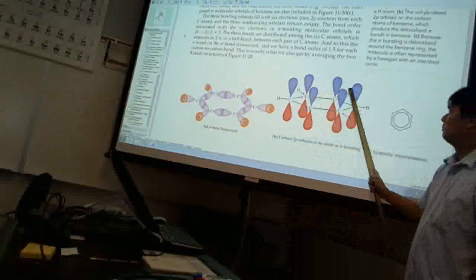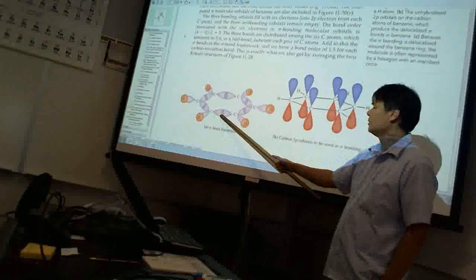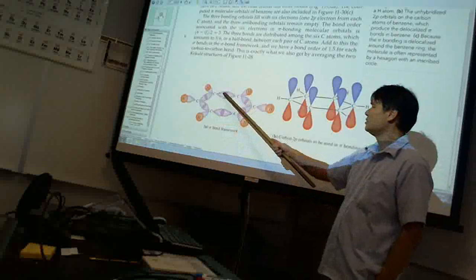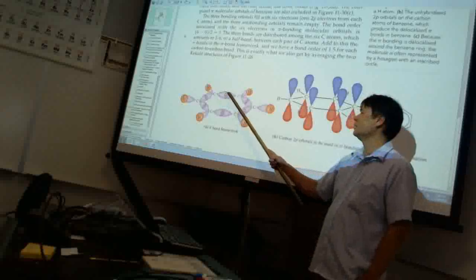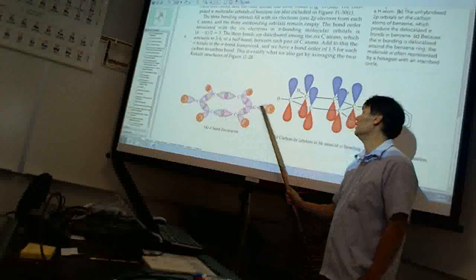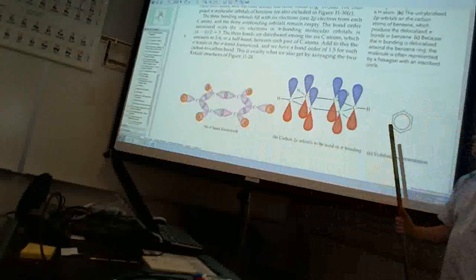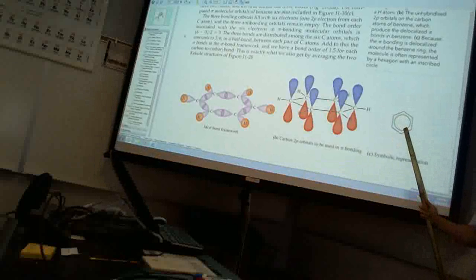This is the pi bonding network. This would be the sigma bonding, where the purples are what orbitals? sp2. So we see the sp2 sigma bonding. These electrons here are localized. They aren't being spread out over the entire structure. These electrons here are delocalized. This is the common symbolic representation to show that delocalization of the electron cloud.